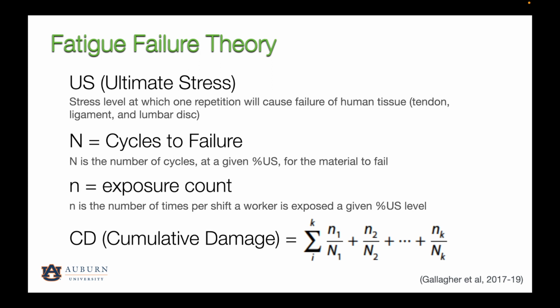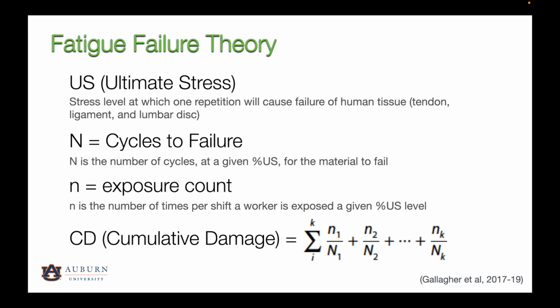So the higher forces that are applied, you're going to have much lower number of cycles to failure than the lower forces applied. So say if it was 10,000 cycles to failure and I did that 10 times, that's 10 divided by 10,000.